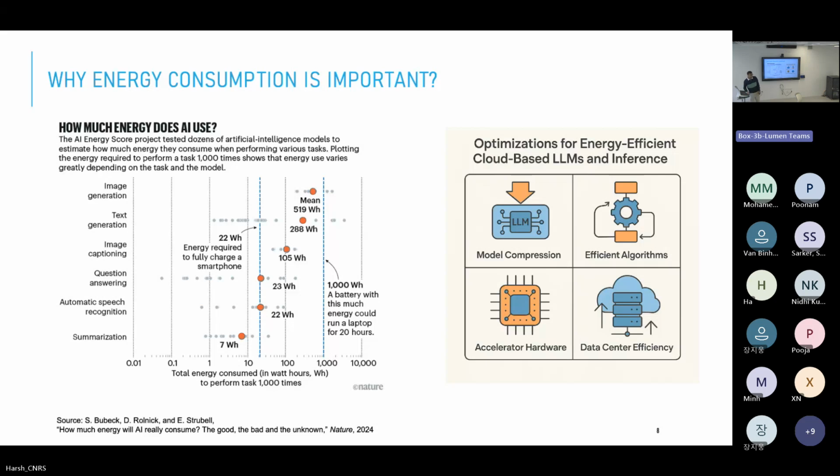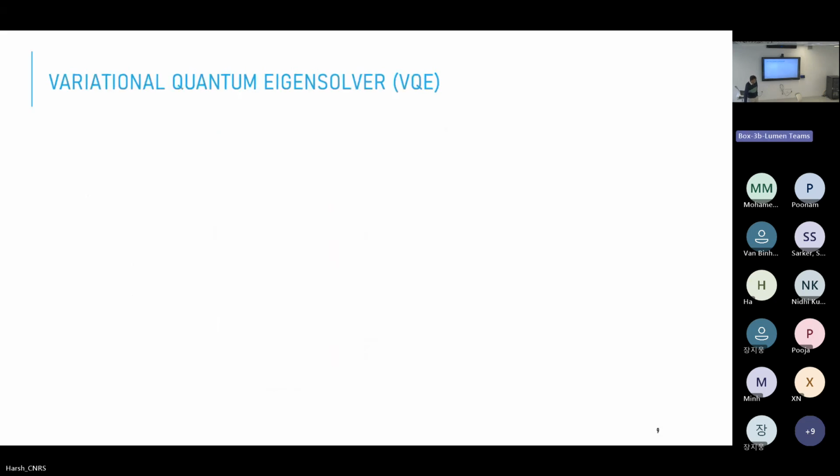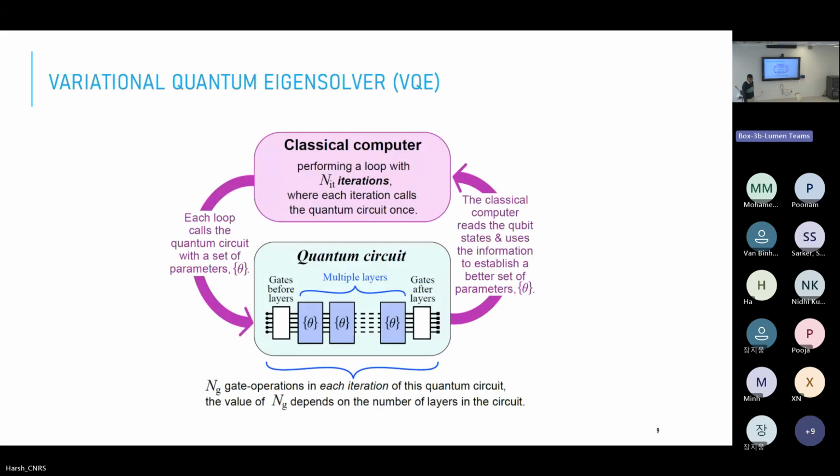And therefore, the optimization there would be more dependent on what time of the year it is, apart from setting everything right in the algorithms or the hardware level. So these are complex questions that need to be understood, and people have been working on them. So my talk here is about what we can say for the scaling of energy consumption for variational quantum algorithms, particularly VQEs, as an example.